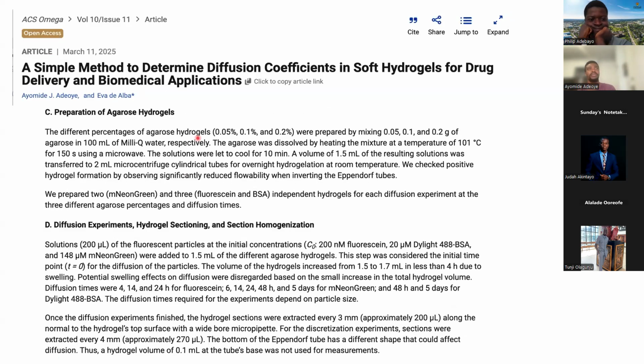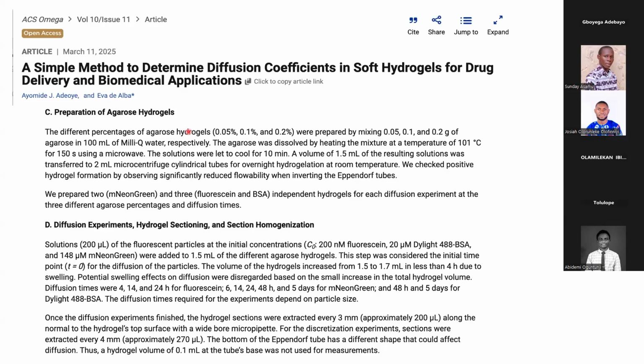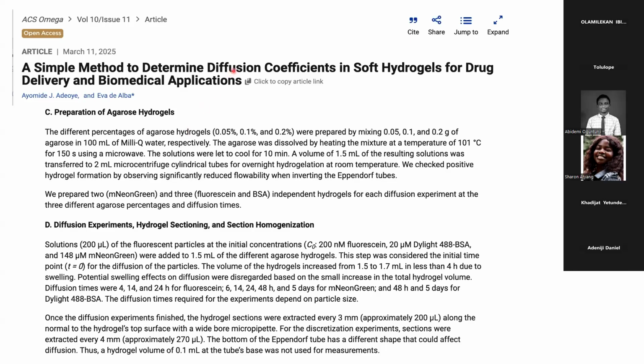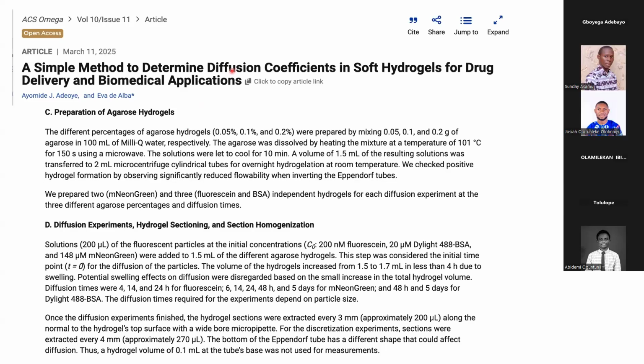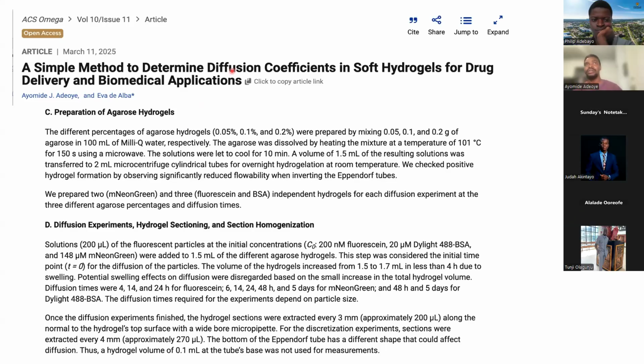In the preparation of the material, another aspect is how I prepared the hydrogel. I said there are methods for determining how particles behave in hydrogel. They developed some that could be used for hard hydrogel. Now I'm developing a method for soft hydrogel.